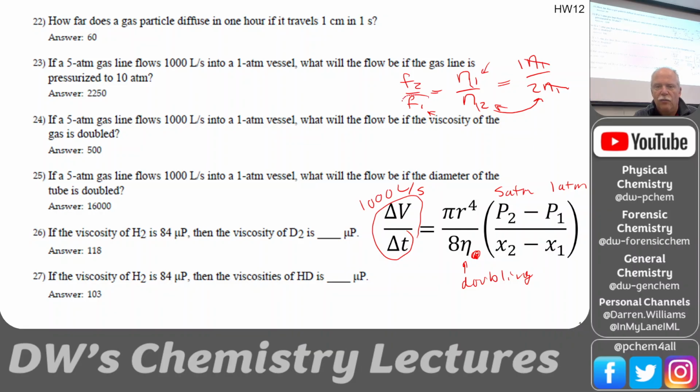And then when we bring F1 over to the other side, we see that it's cut in half. So the flow rate of 1,000 liters per second is divided by 2, so we had 500. And we didn't do anything with the 5 atmospheres and the 1 atmosphere because we didn't see in the problem that it was changed. We could put it in the equation, but it didn't change, so it would cancel out.